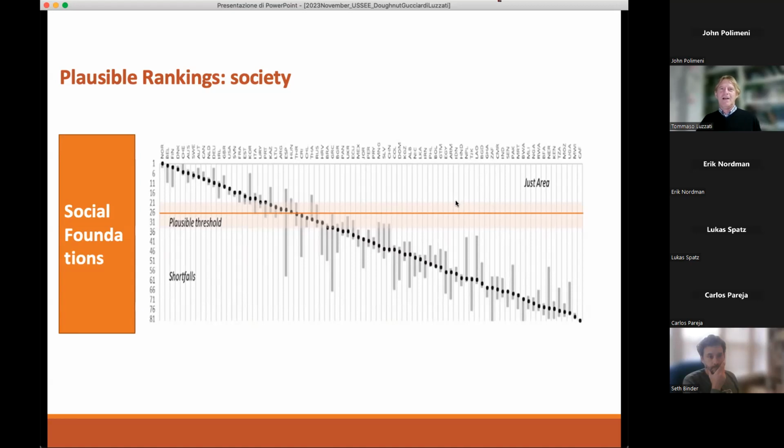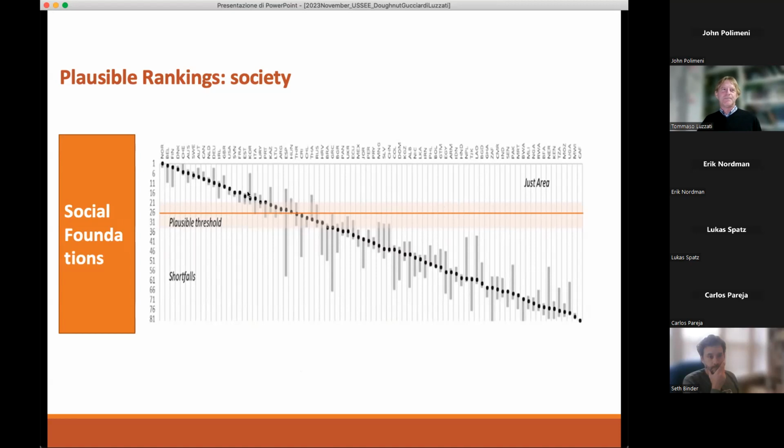So each of us is free to use the assessment that she or he prefers. For instance, we can say the country is dominant if the worst performance is better than the best performance of the plausible thresholds, and so on.